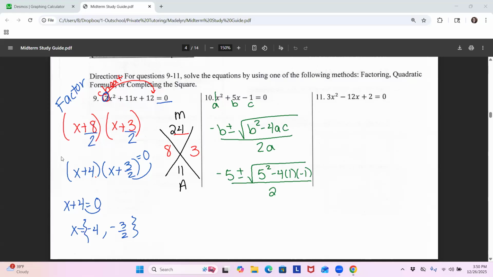If you're allowed a calculator, shoot this inner part through the calculator. So now that's going to be negative 5 plus or minus big square root 25 plus 4, which is better known as 29, all over 2. And that's going to be our answer, because usually we would try to break down the root, but 29 is prime, so it would not break down. We're done.